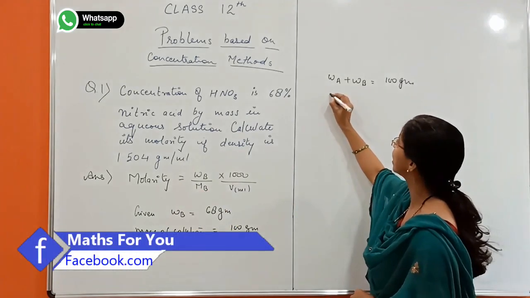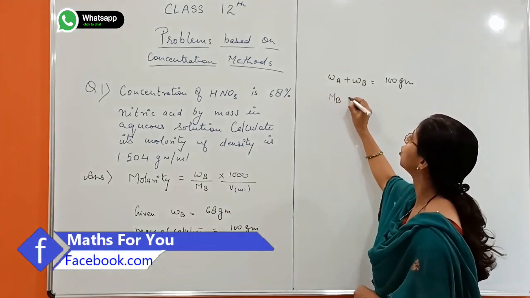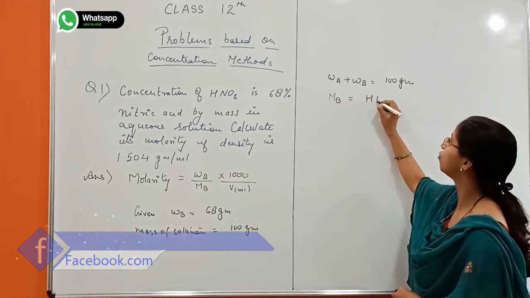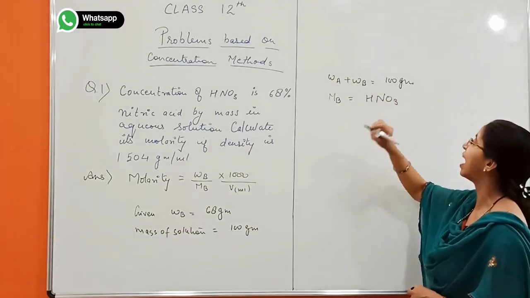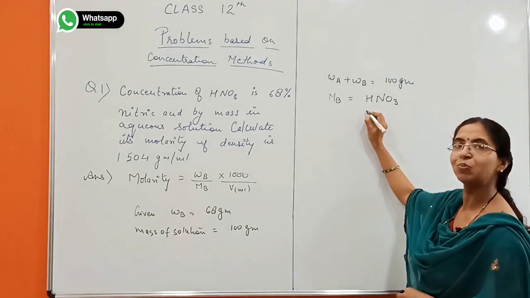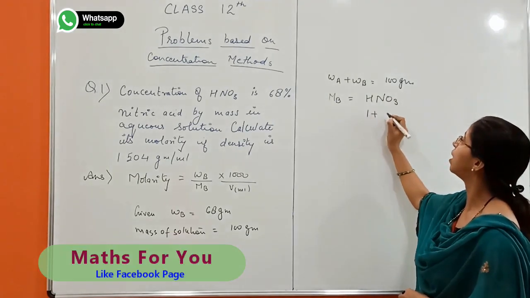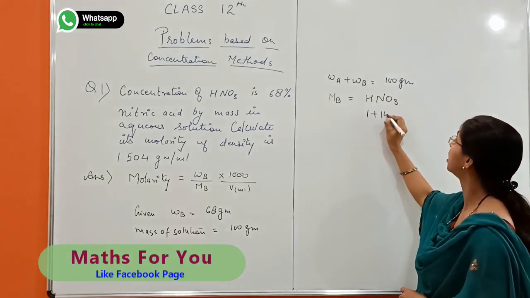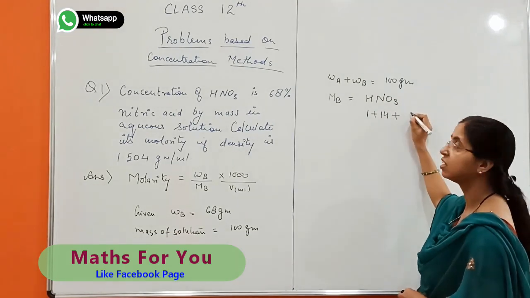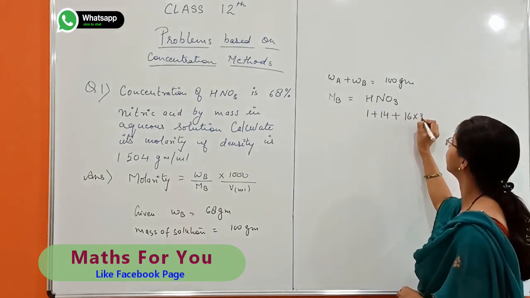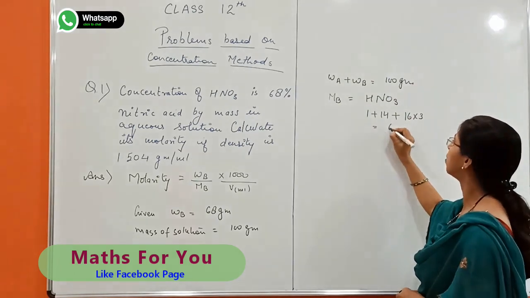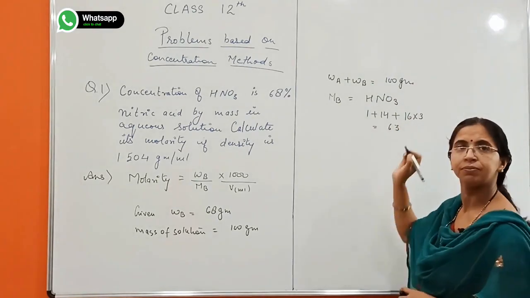For calculating MB, you have to write the formula of HNO3 and then calculate its molar mass. So 1 plus 14 plus 16 into 3. This will come out to be 63.